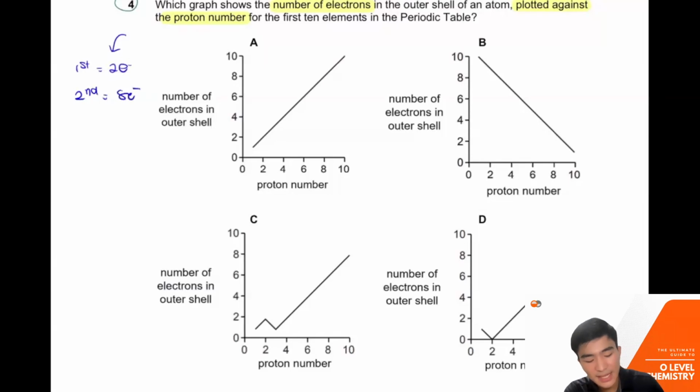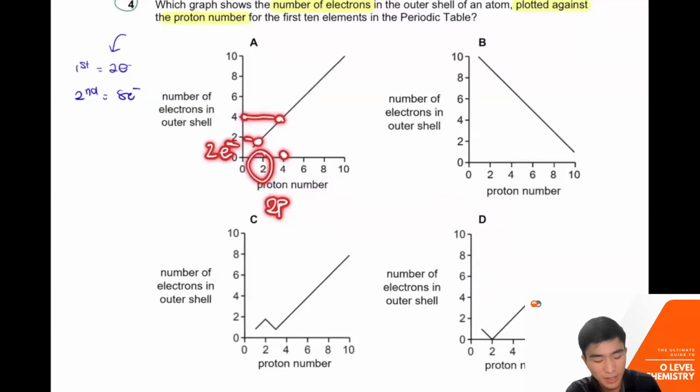With this understanding, you need to know the proton number. In an atom, the proton number is always equal to the electron number. So if I have 2 protons, I will have 2 electrons, which is correct, 2 electrons in the outer shell. If I have 4 protons, I will have 4 electrons also. But are these 4 electrons all at the outer shell?